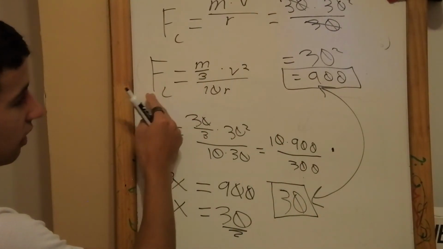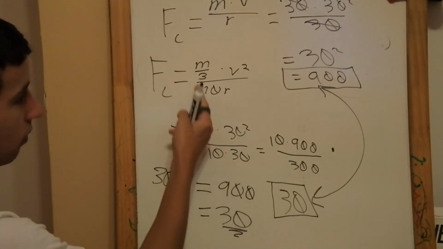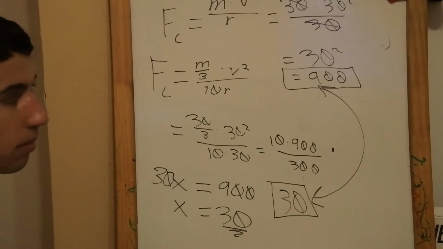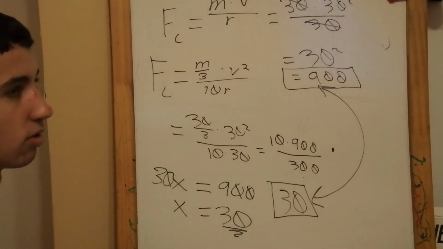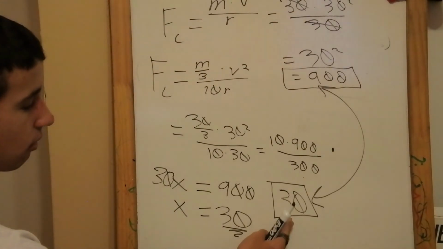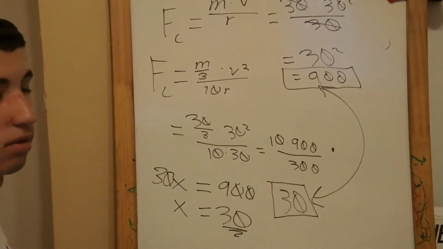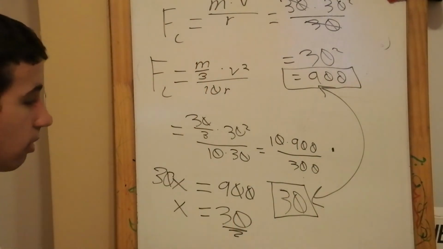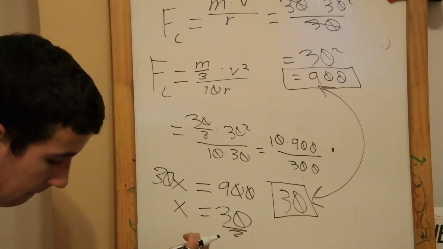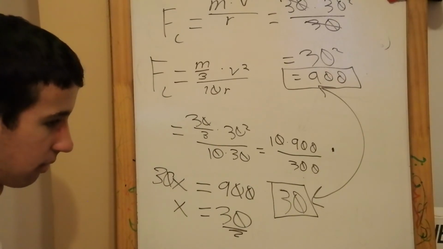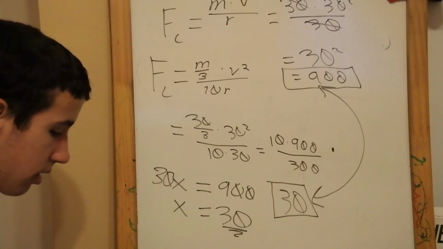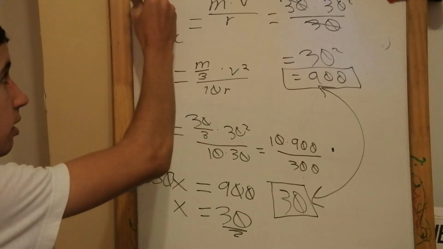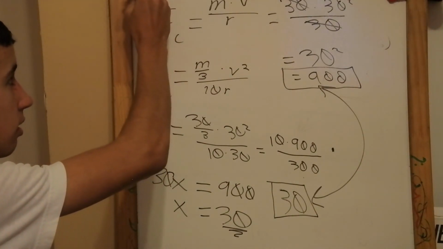And so we can see that when we started modifying stuff, we reduced the mass by a factor of 3 and increased the radius by a factor of 10. That our answer was reduced by a total of 30 times. That means FC was divided by 30 if we were to compare these two. So you would write down reduced by 30 times as the answer for extra practice problem number 4C.